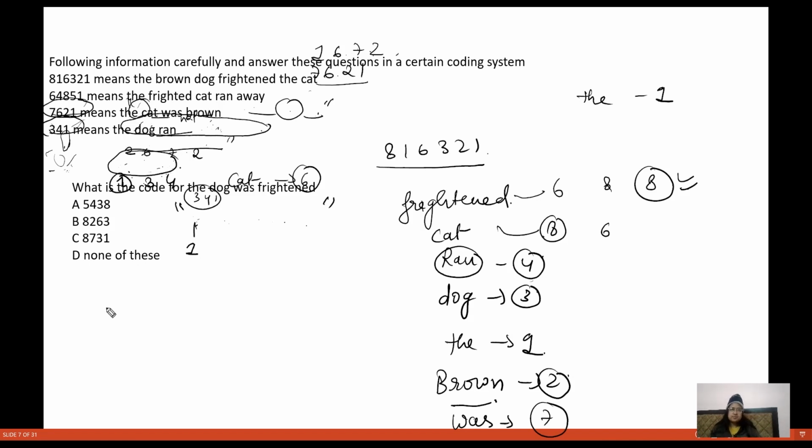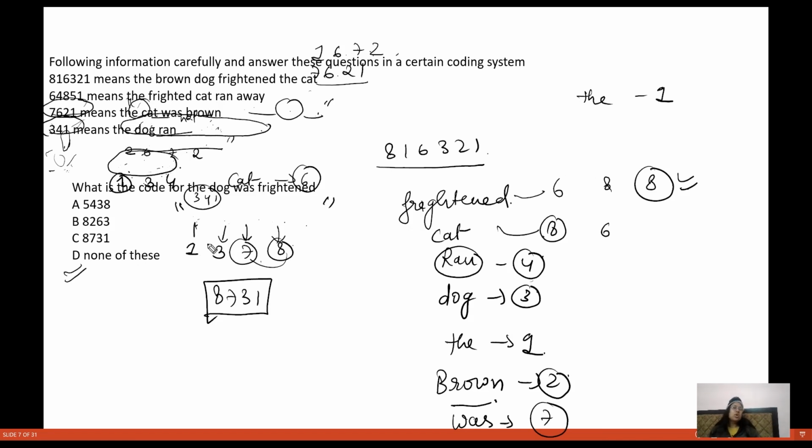The is 1, dog is 3, was is I think 7, and frightened is 8. So now you will just flip this number, so that will become 8731.